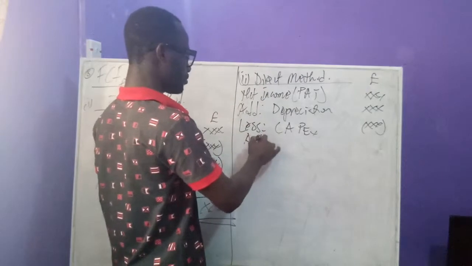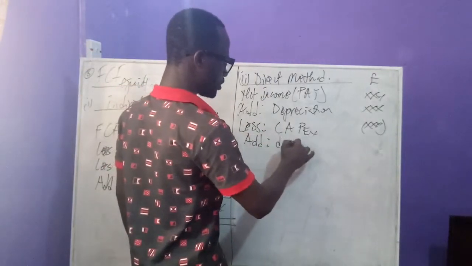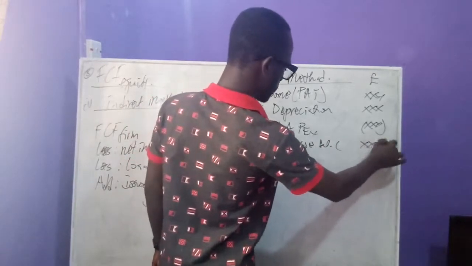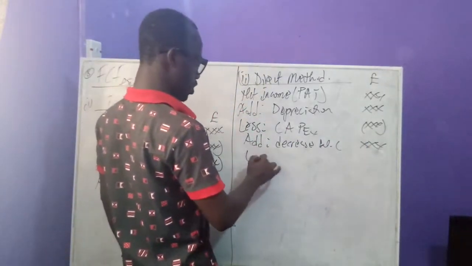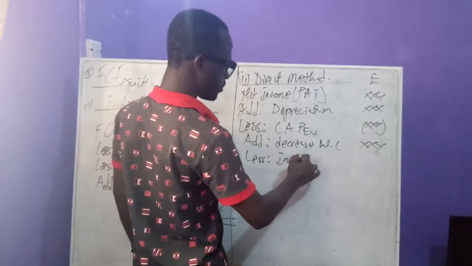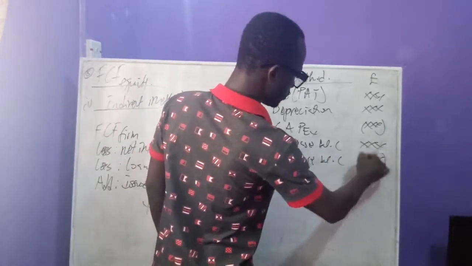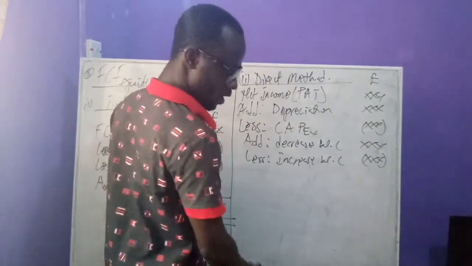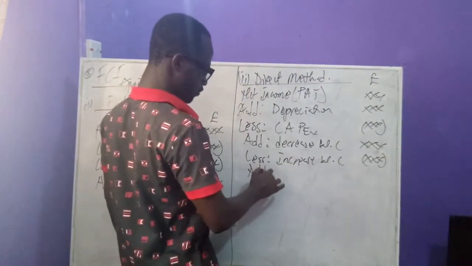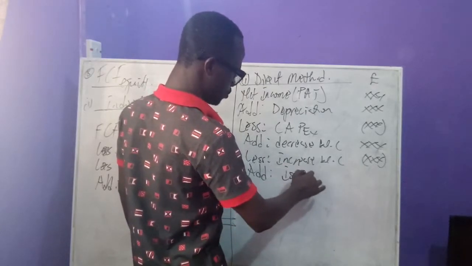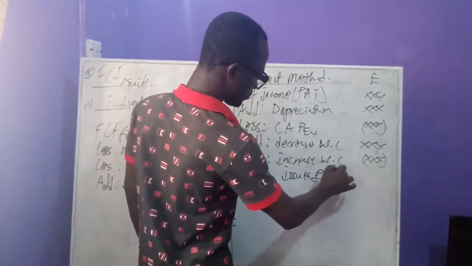Then decrease in working capital should be added. Then we will less increase in working capital. Then we add proceeds from issue of debt.